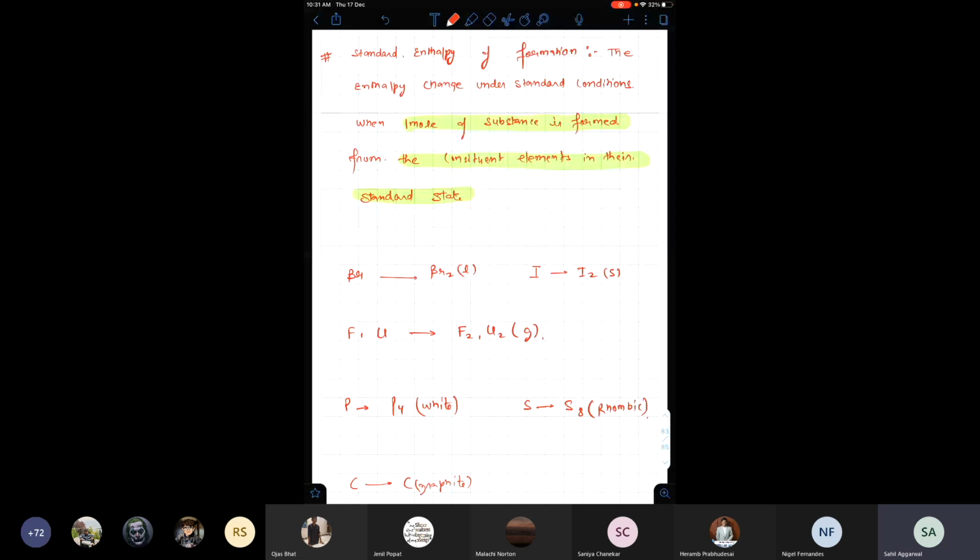If you have these things in the reactants, then only you can say we have a standard enthalpy of formation.